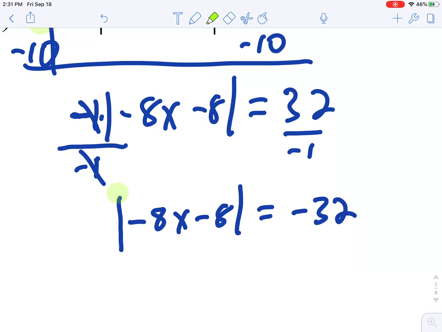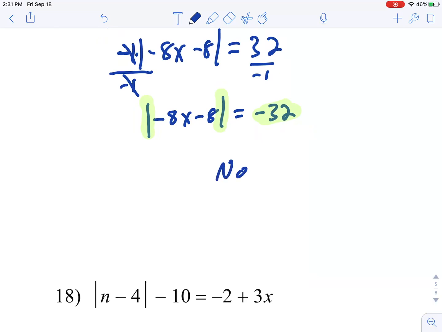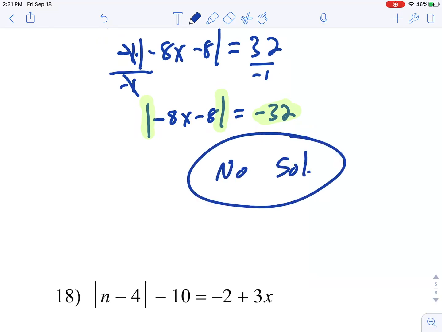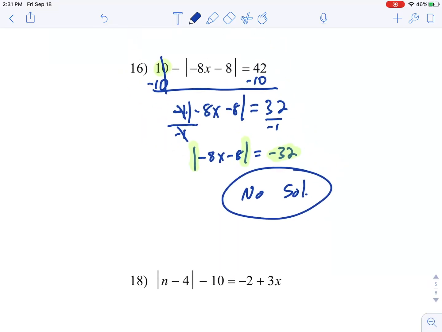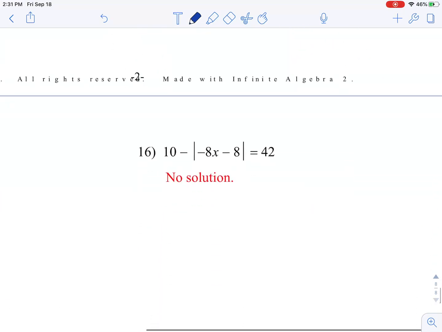At this point, we have an absolute value equals a negative number, so we don't have to do anything else. This is a no solution problem. Number 16, let's check it. No solution. There we go.